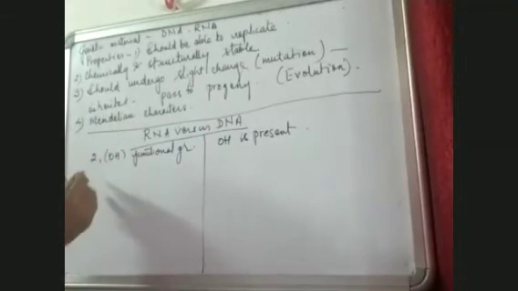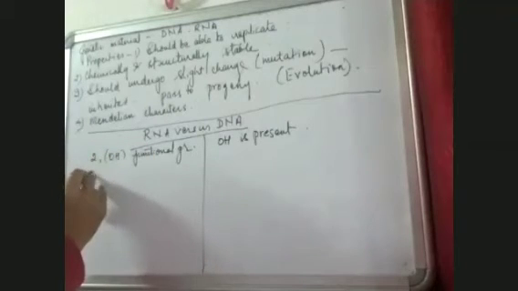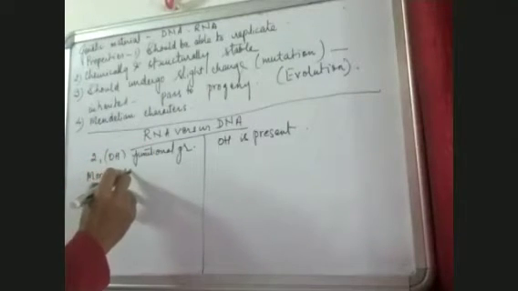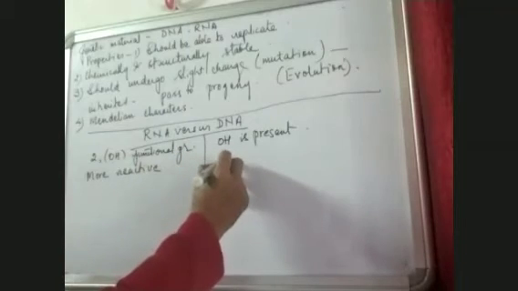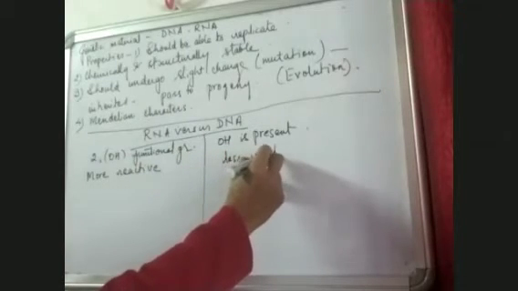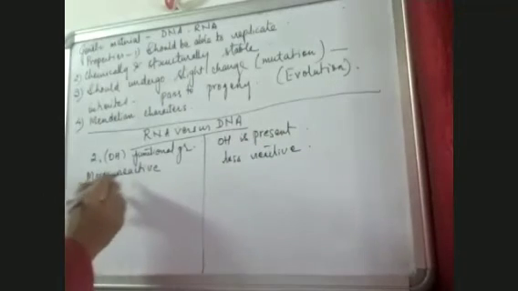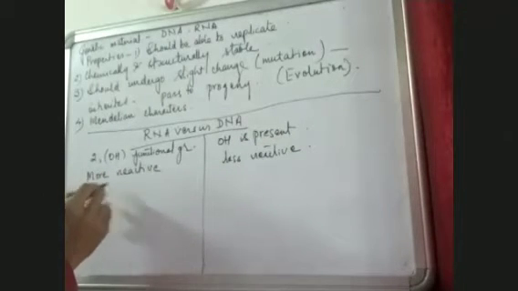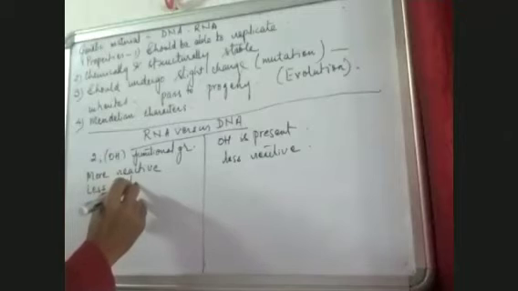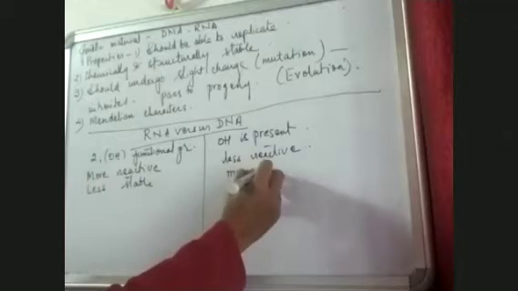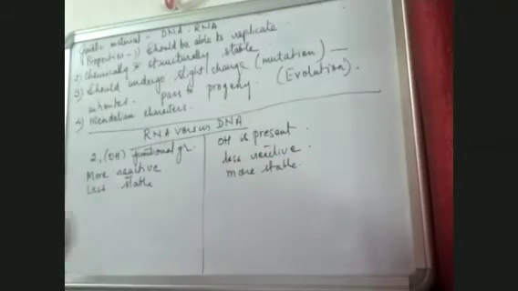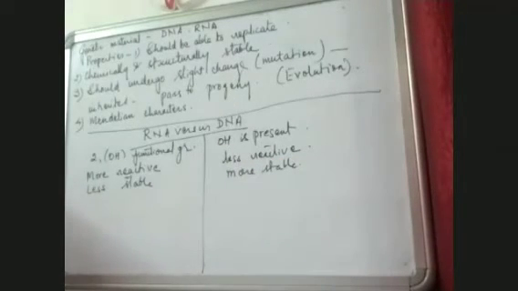So because of this, RNA is more reactive as compared to DNA, and this is less reactive. Something which is more reactive is less stable, and something which is less reactive is more stable. This is the feature that RNA has and DNA has.